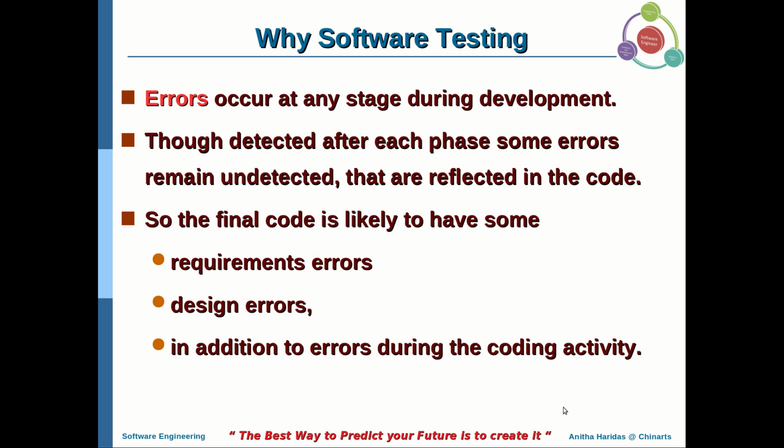So when you do the coding process, you may have some errors. So in addition to these errors, even though you have detected the errors after each and every phase, some requirement errors and some design errors will appear in the software product.